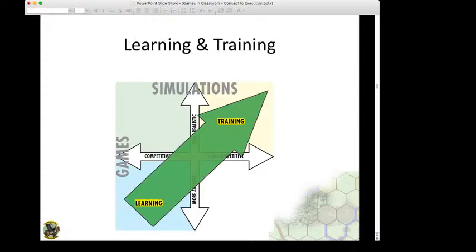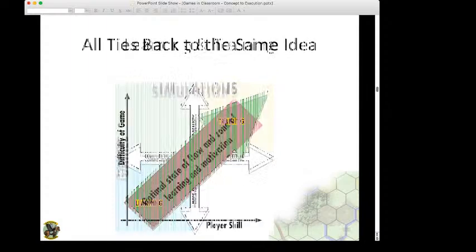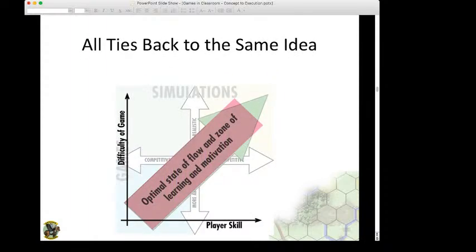All right, so we're back to our learning versus training axis, and you can see that all of these things are sort of moving in the same direction, aren't they? And once we start laying everything on top of it, the difficulty of the game tends to go up as we make the game more realistic, because now there are more balls you have to juggle and more varying facets of the game you have to pay attention to.